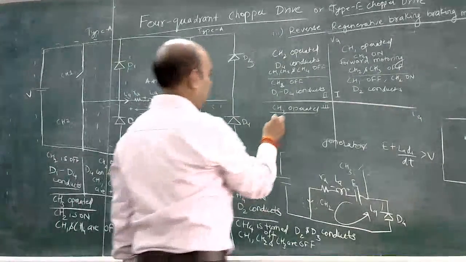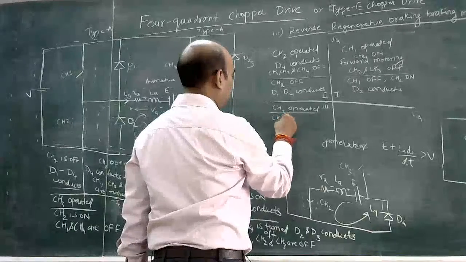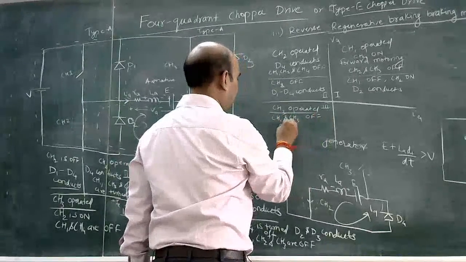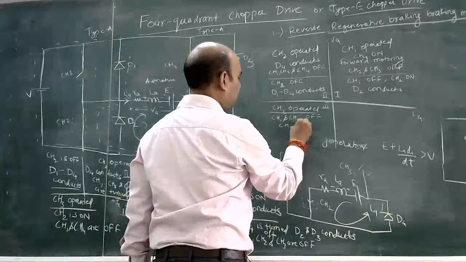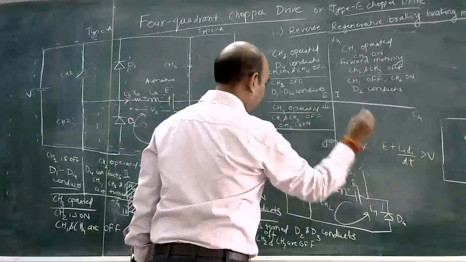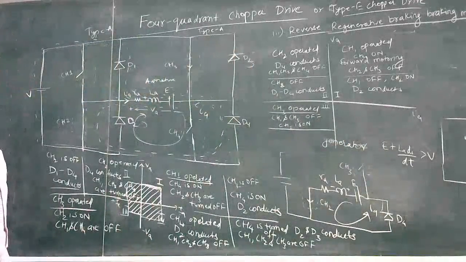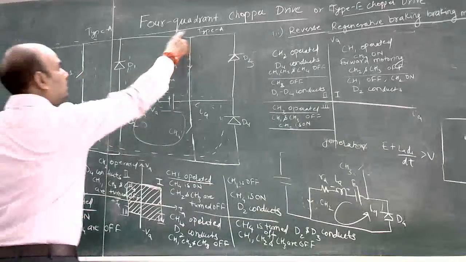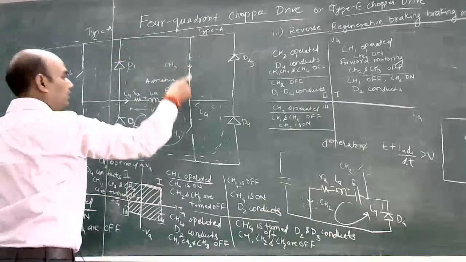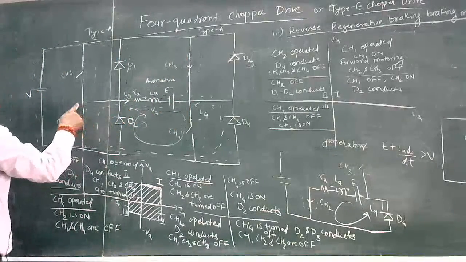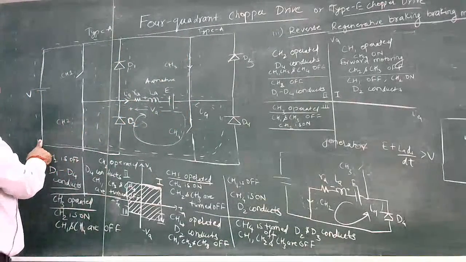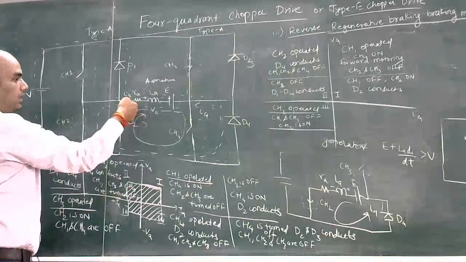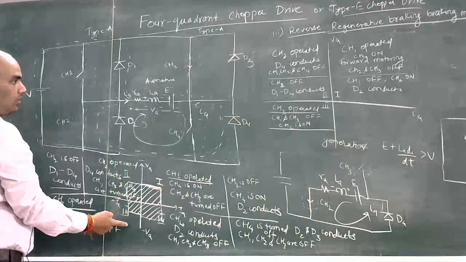Here the rest, CH1, CH2 and CH3, will be on. So from B to CH3 to the armature and then CH2, current will flow like this. The current is always in the negative direction, so this will be upward.